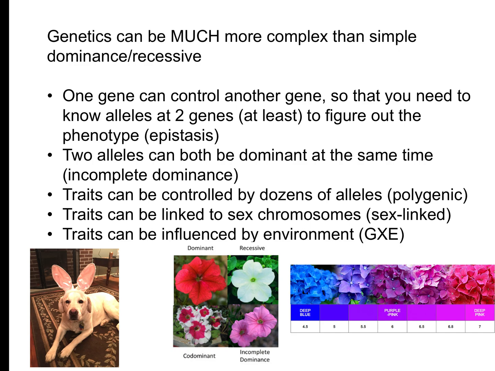So in real life, one gene can control another gene. So you're not talking about a gene that is either dominant or recessive, but one gene is controlling the action of another gene. So you need to know what's going on at both of those genes at the same time in order to figure out what the organism is going to look like. That's called epistasis.